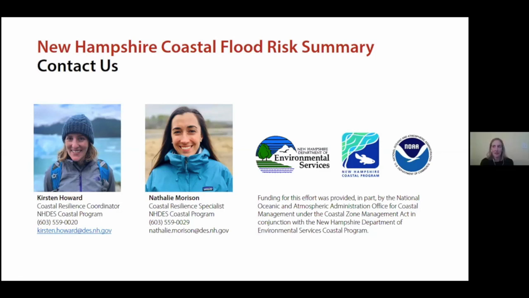Yeah, so you would definitely need some additional information about the vulnerability of the utilities themselves to flooding. But once you have that, you'd be able to determine the tolerance for flood risk of those utilities that you're burying.